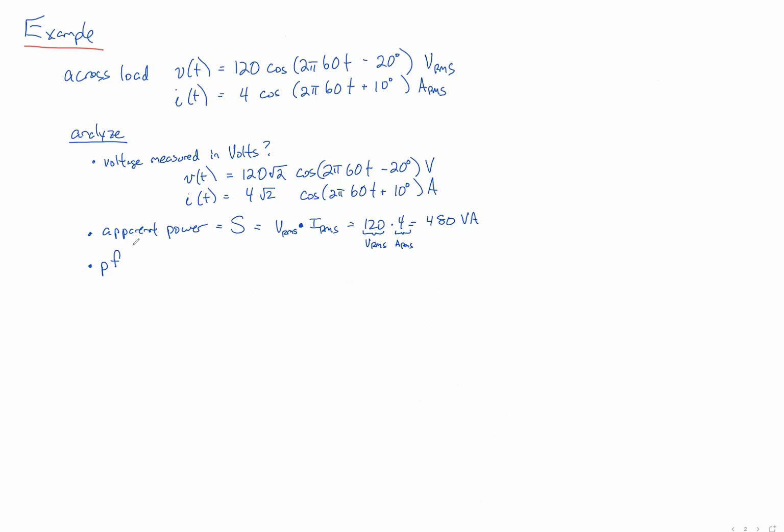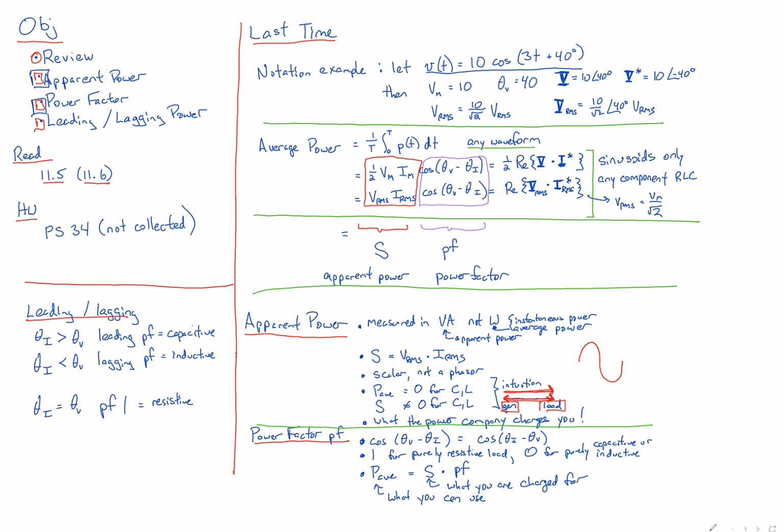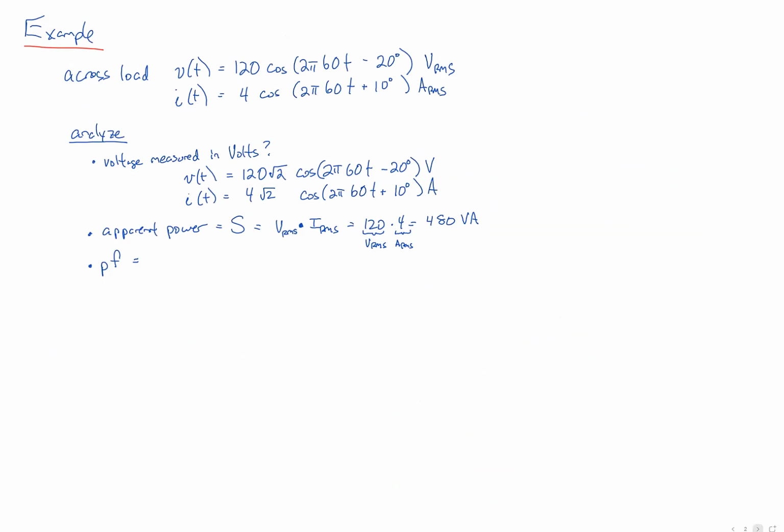Power factor. Grant, what's our power factor here? How do we determine what the power factor is? Well, the P average is equal to S times PF. That's true, but we want to calculate just the PF, so we're not interested in the S or the average power. Just the cosine of theta voltage minus theta current, I guess. That's it.